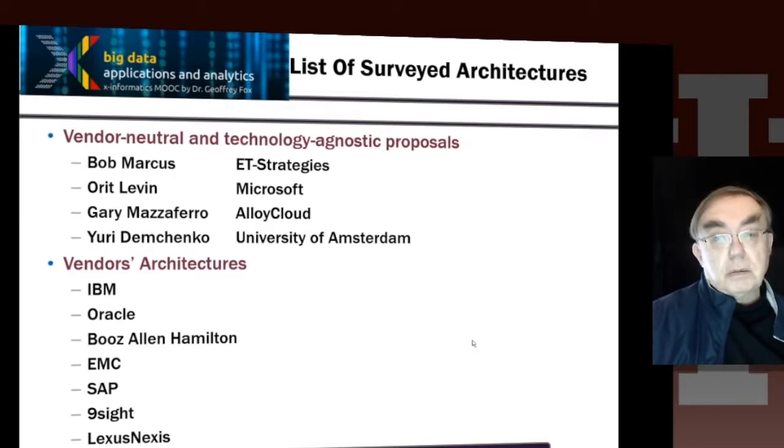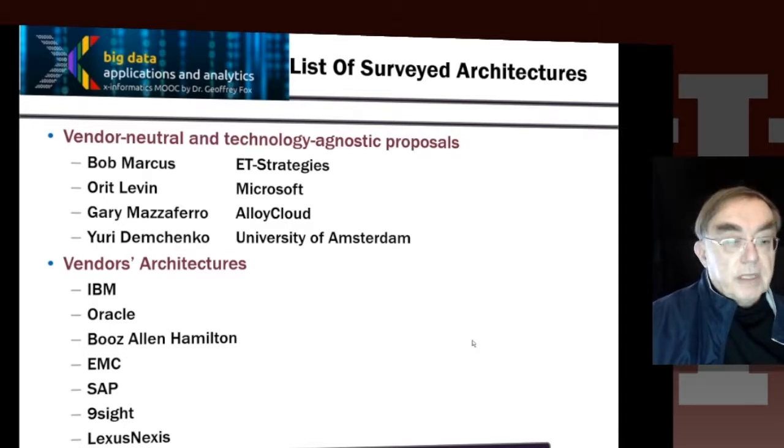So as appropriate, this subgroup started off by looking at lots of different architectures. We had some which are called vendor neutral and technology agnostic generic architectures from Bob Marcus, Dorit Levin, Gary Mazzaferro, and Yuri Demenchko. You know, there's three commercial and one academic.